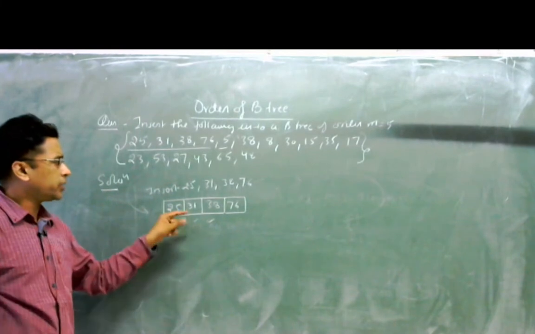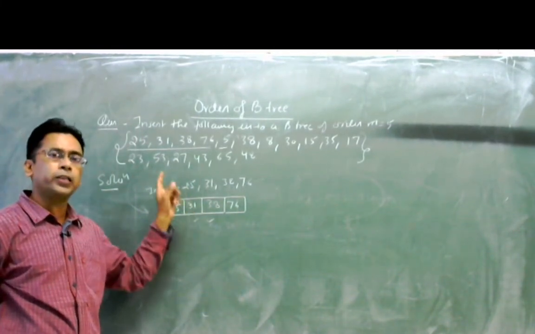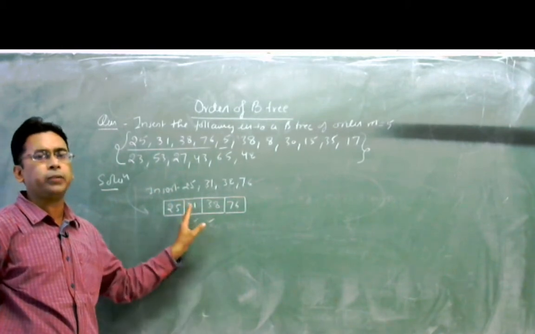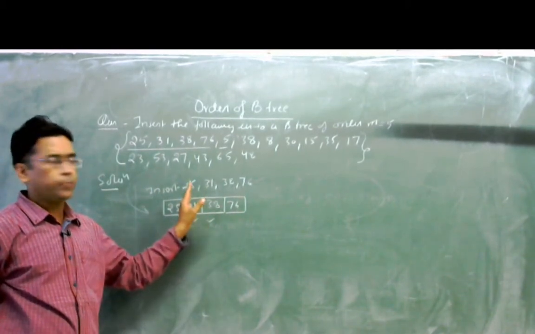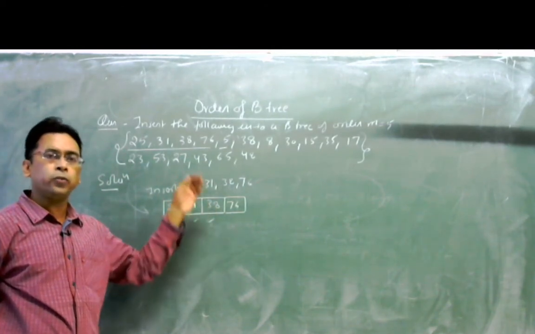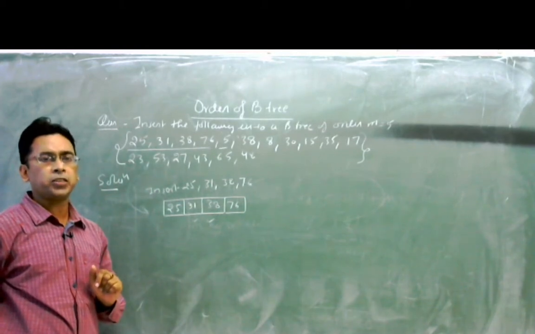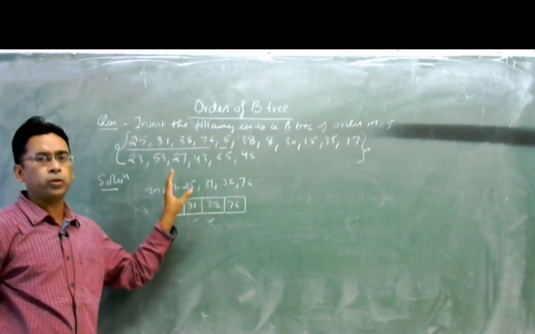If you start in the question by taking the median as the second element, then throughout the question you will take the second element as the root element. And if you start with the third element as the root element, then you will keep the third element throughout the question as the partitioning element, or that will become the root element.